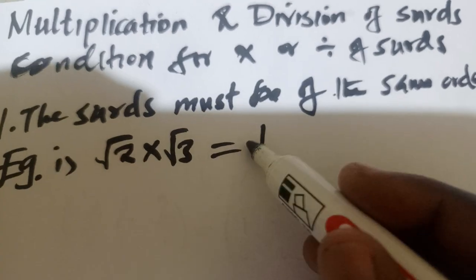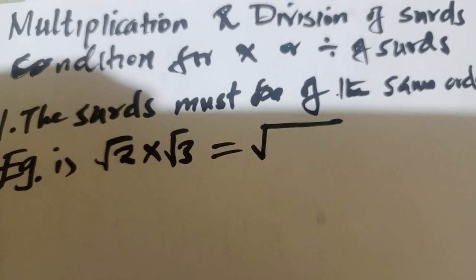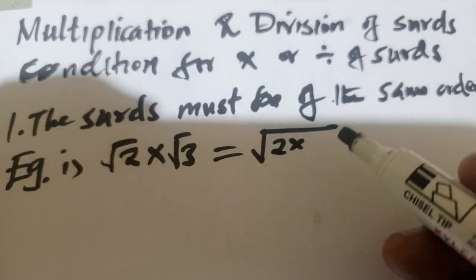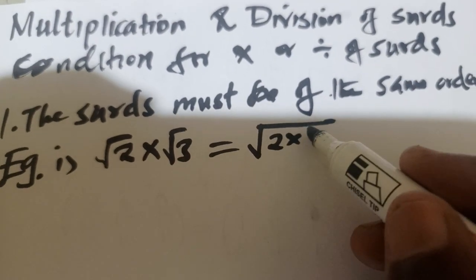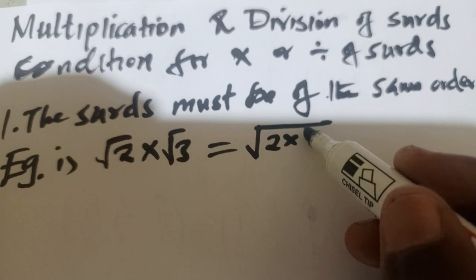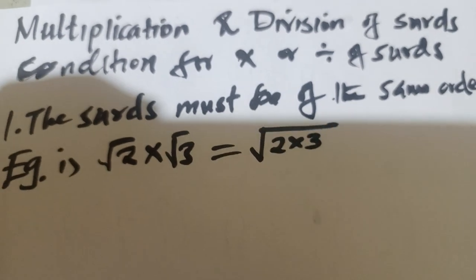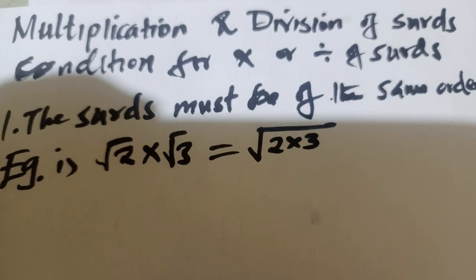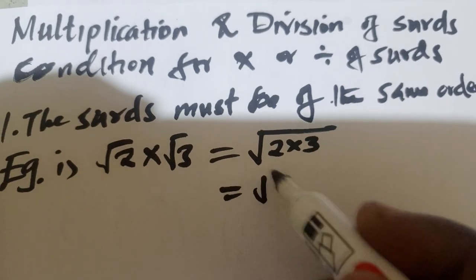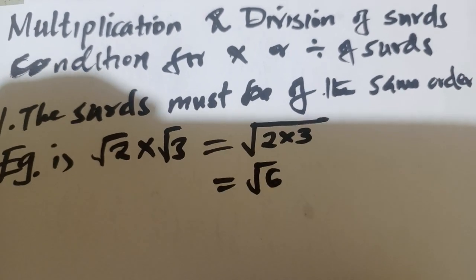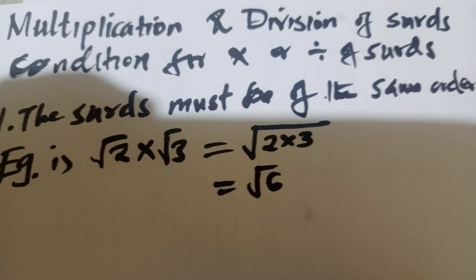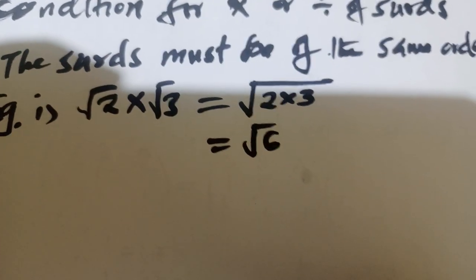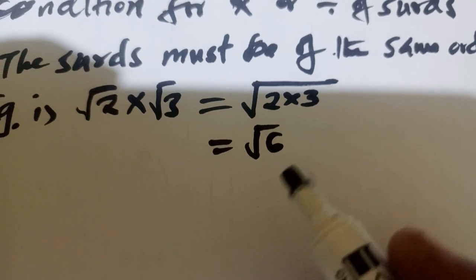Now in this case, we take that root sign, the radical, and then the numbers that are under the radicals, we multiply by each other. So in this case, we'll have root 2 multiplied by root 3, which gives us root 6. So the product of root 3 and root 2 is root 6.